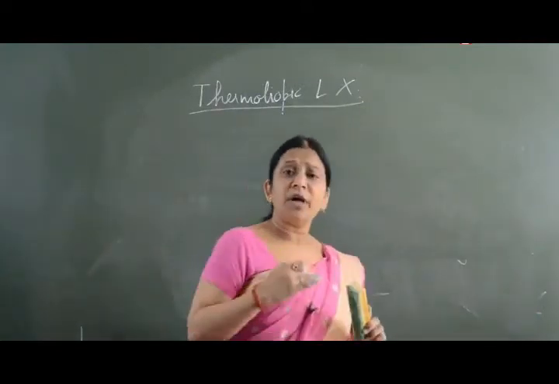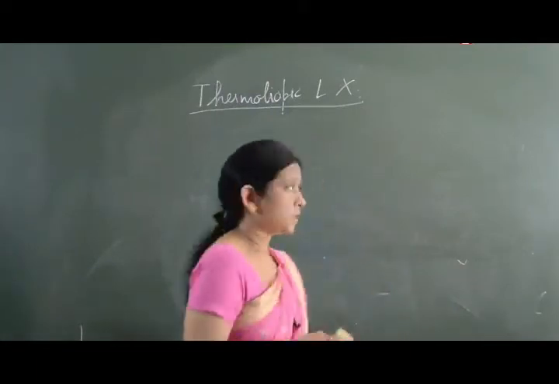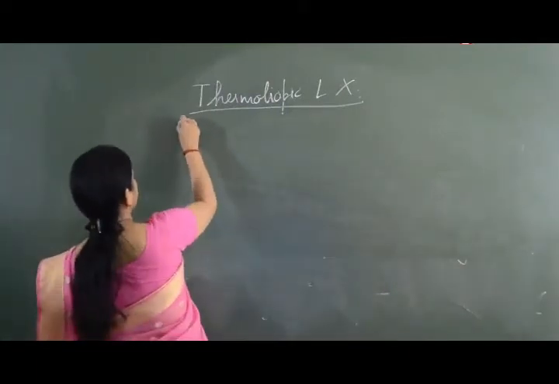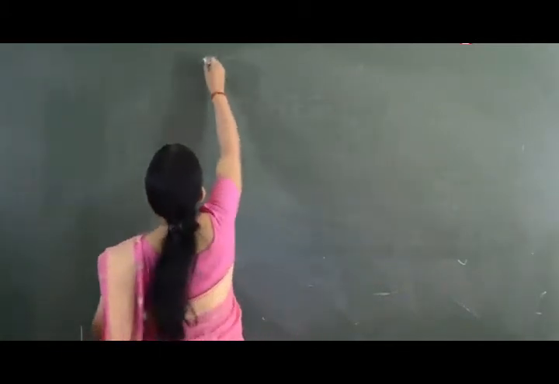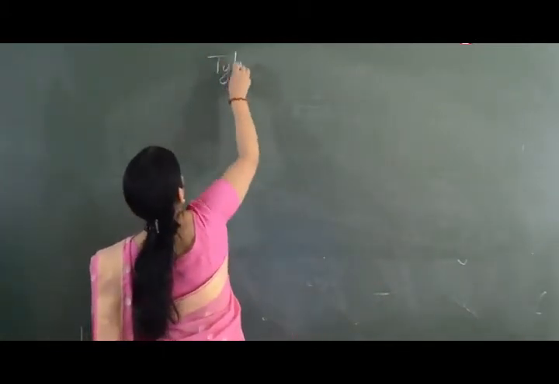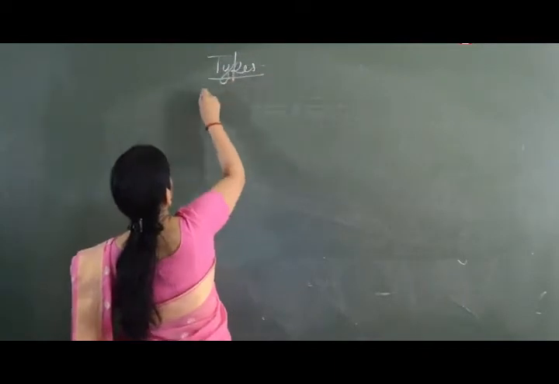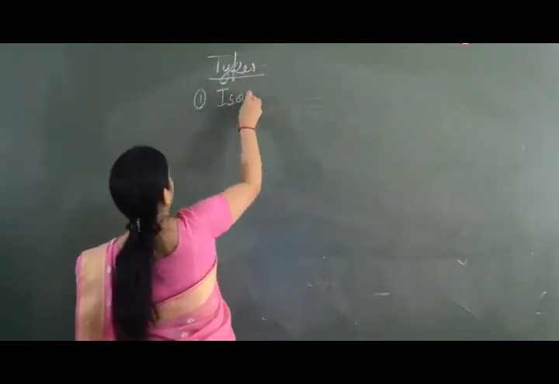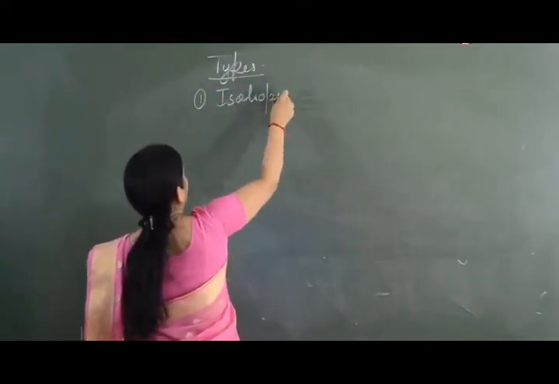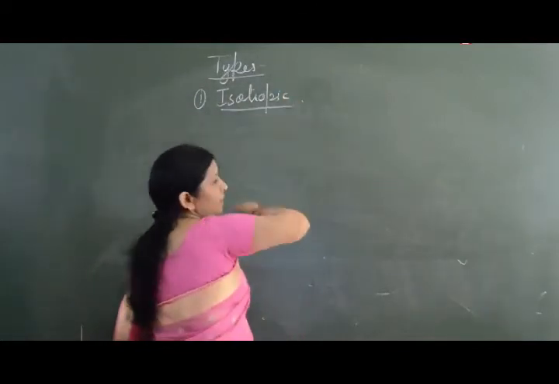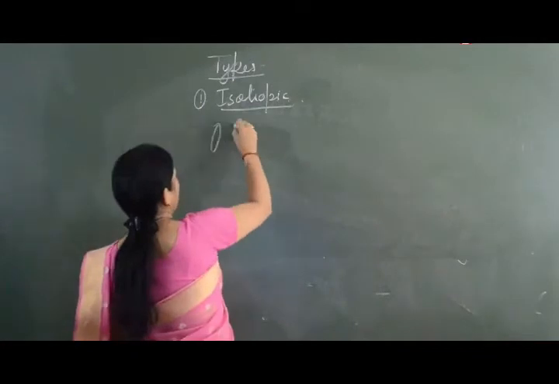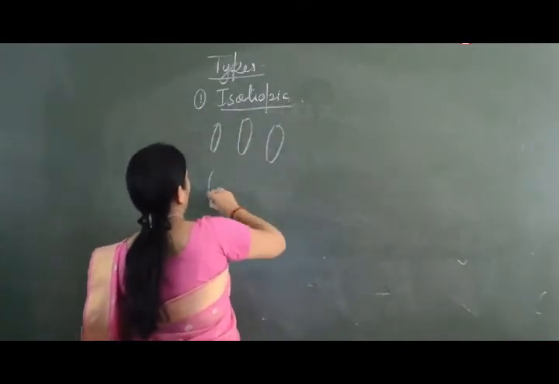Then we have different types of thermotropic liquid crystal. The first is isotropic liquid crystal. If we arrange here, these are the molecules.